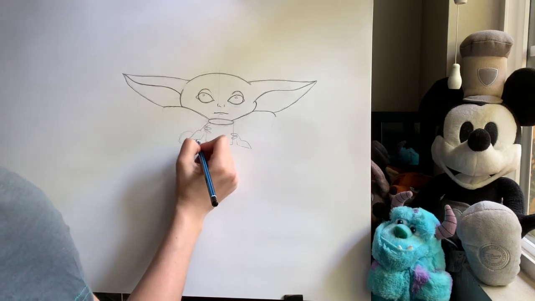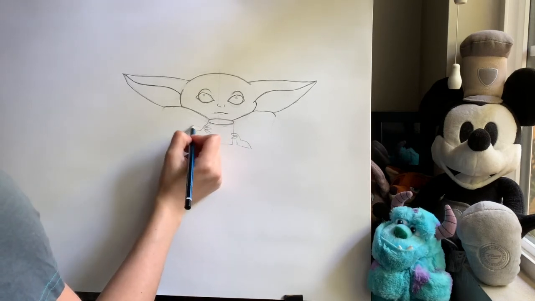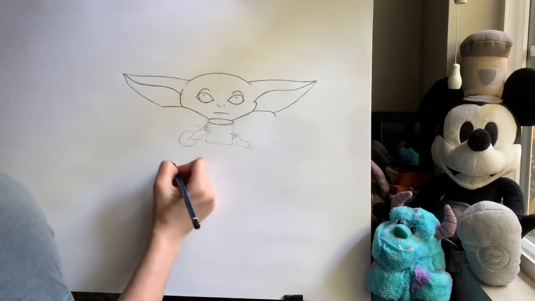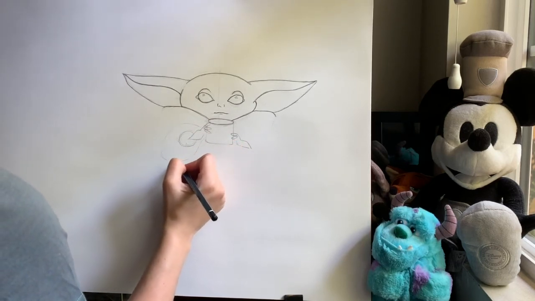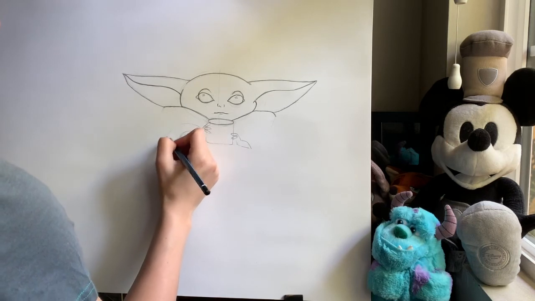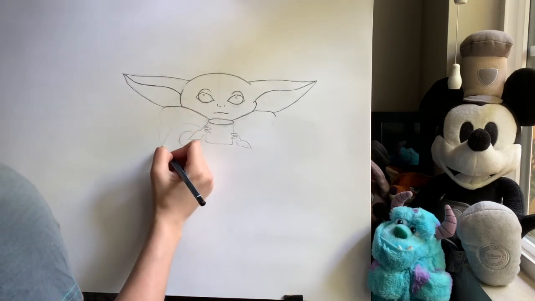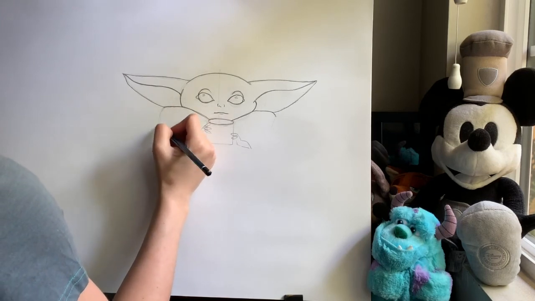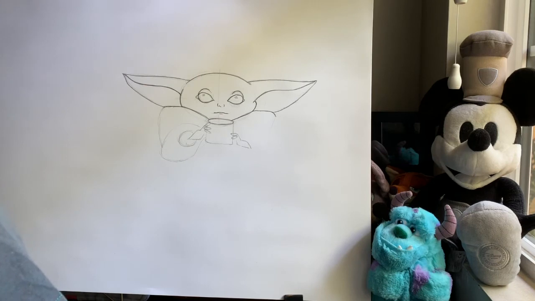And for his sleeves, he has rather large sleeves, like a really big robe. So draw a circle right around, and then starting from up here, draw another misshapen circle just to give some raggedy design. And then from up here, we can come down and connect that line to the rest of his sleeve, so he looks a little fancy.